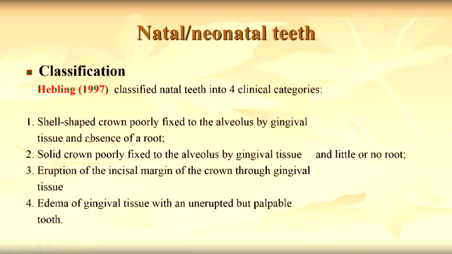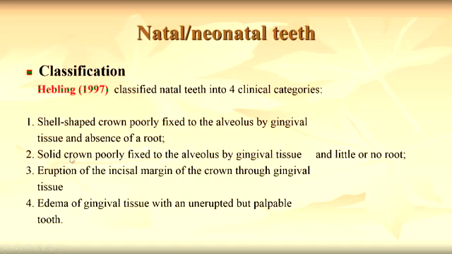A classification by Hebling in 1997 classified natal teeth into four clinical categories. First, a shell-shaped crown, poorly fixed to the alveolus by gingival tissue, and absence of a root.